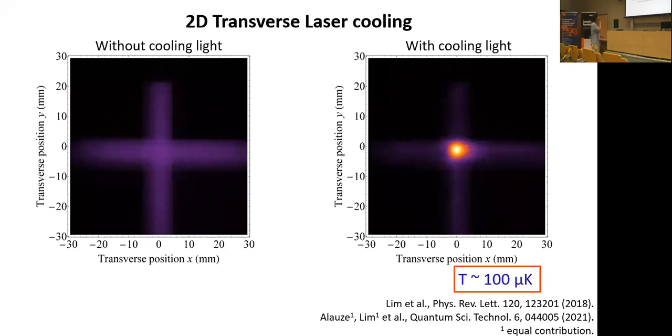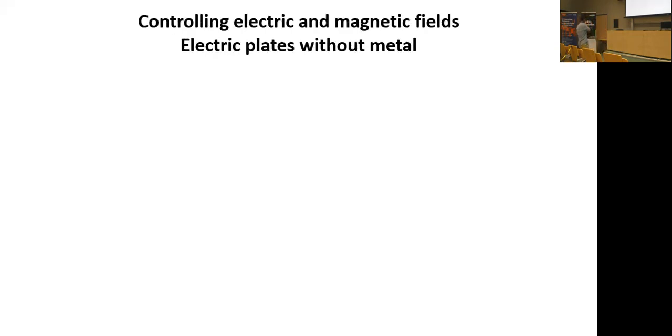Okay, the next challenge for us is to control electric and magnetic fields. To polarize our YbF molecule, we need to apply 20 kilovolt per centimeter over this large area. It might be natural to make these electric field plates out of metal.